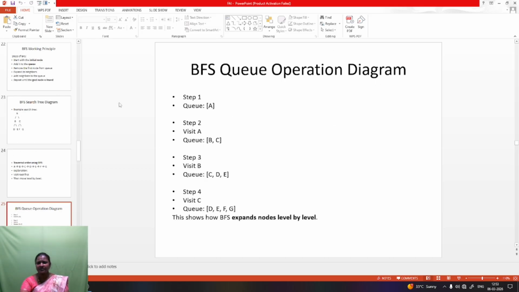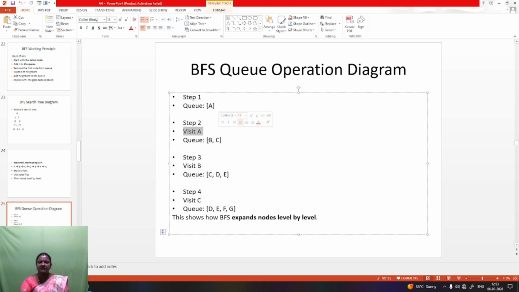BFS queue operation diagram. In step 1, the queue contains only A, that is, it contains only the parent node. In step 2, we have already visited A, so now the queue contains B and C. In step 3, we have already visited B, so we remove B from the queue, and D and E are added to the queue.